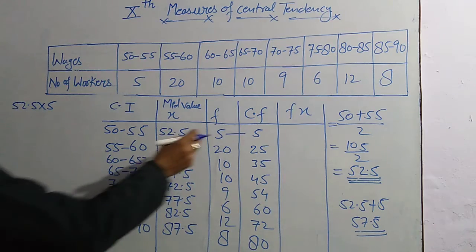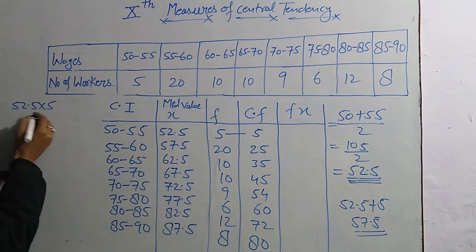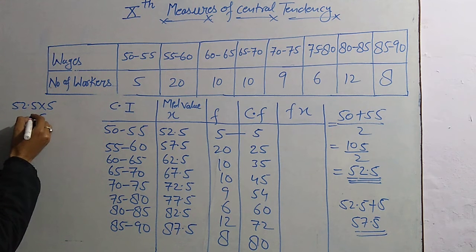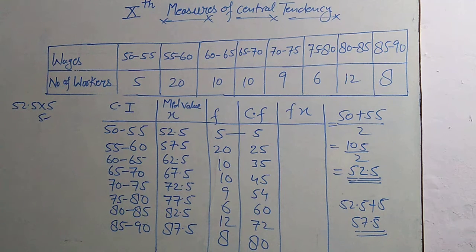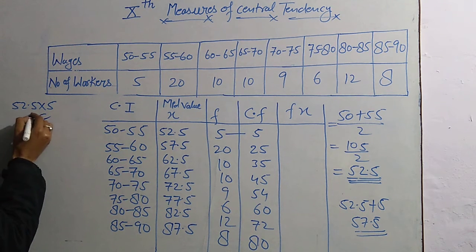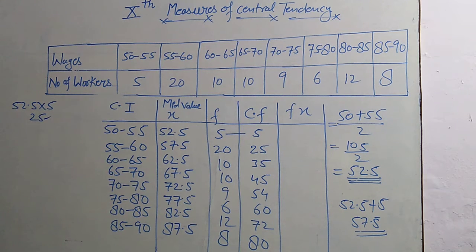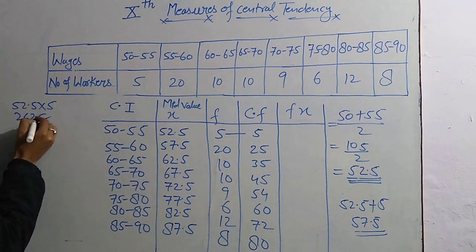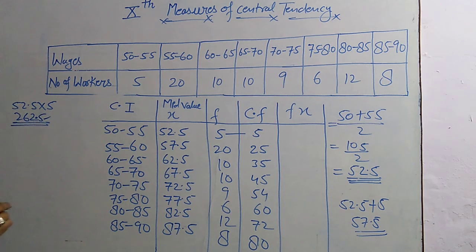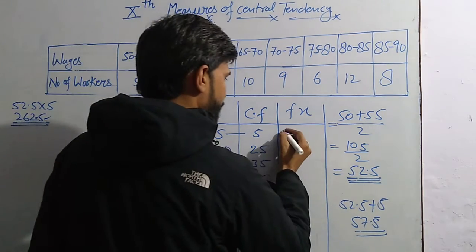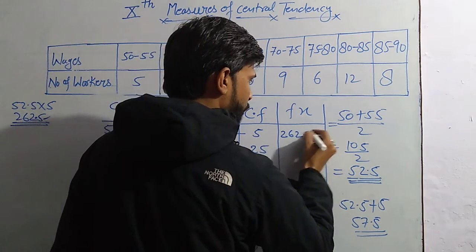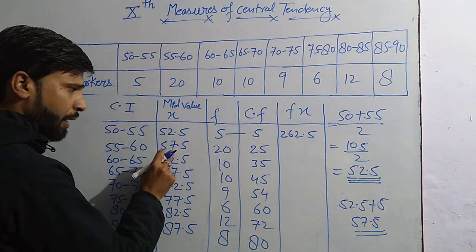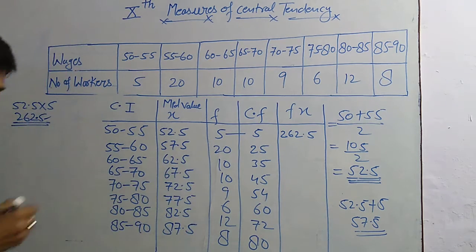It is multiplied by 5: 5 fives are 25, 5 twos are 10, 10 and 1 is 11, 5 fives are 25, 5 twos are 10, 10 and 2 is 12 and carry 1, 5 fives are 25, 25 and 1 is 26, and putting the decimal in one place, we get 262.5. Now the next class, 57.5 multiplied by 20.